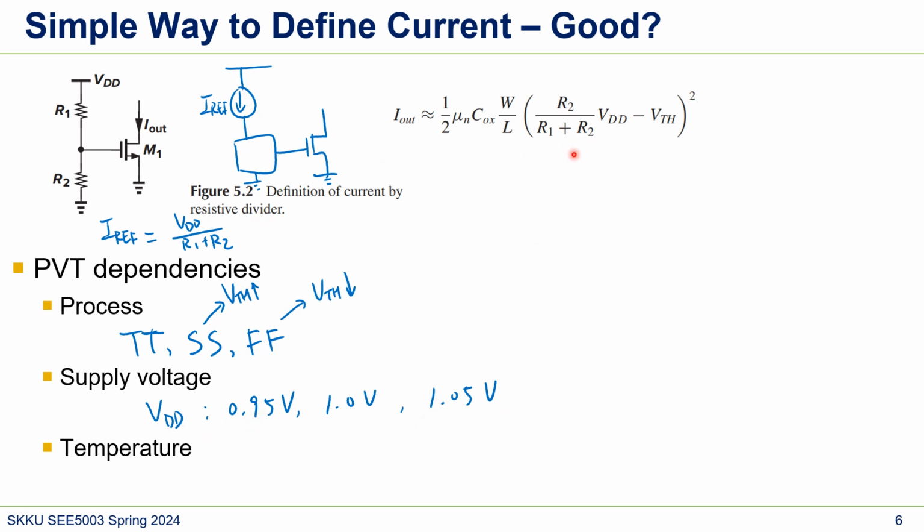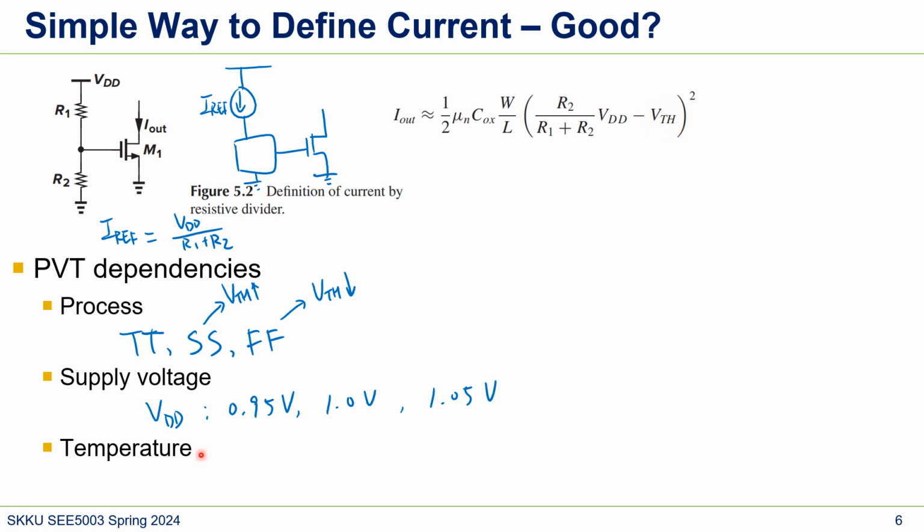But when we see the current, the VDD is here, so this is not a constant. So it gives us a variance on I out. So it's not good, because what we want is I out constant, a function of I ref. And then temperature. Temperature is related to this VTH, and then mu and Cox too.